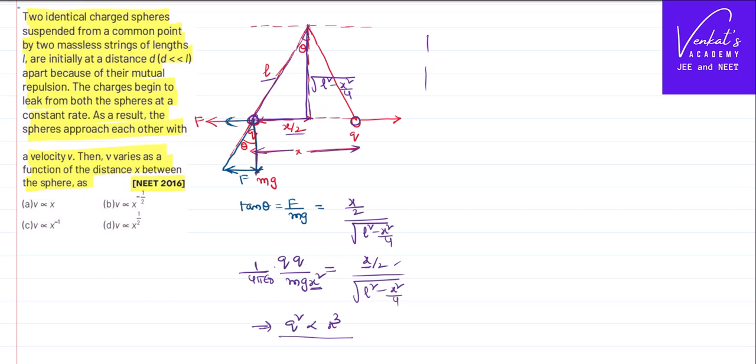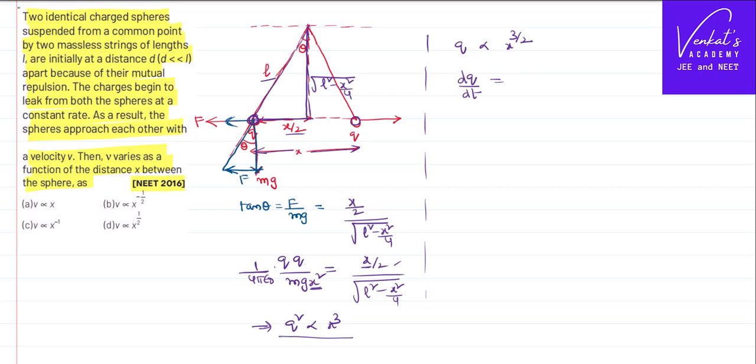From that we can further say q is directly proportional to x power of 3 by 2, right? Now let us differentiate this q, because this q is being leaked with respect to time. So I can write dq by dt is, all proportionality constants, their differentiation becomes 0, so I need not write that.